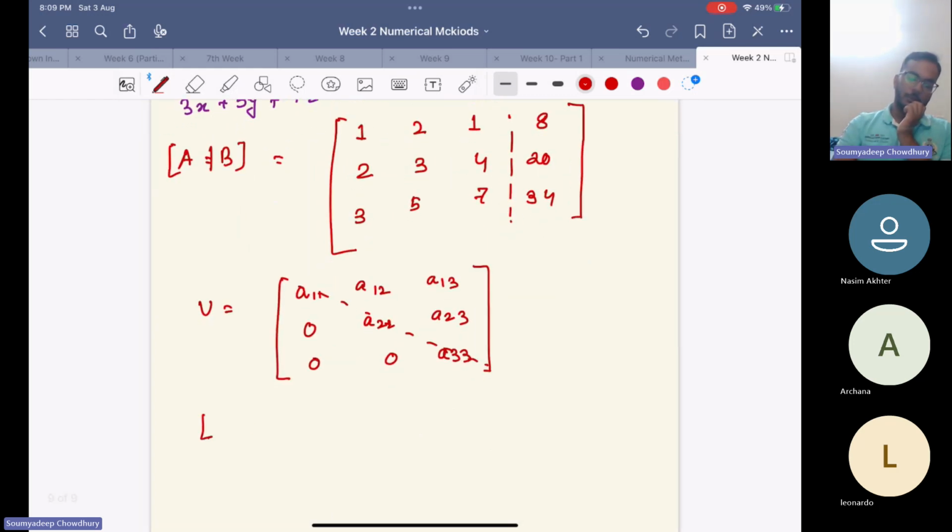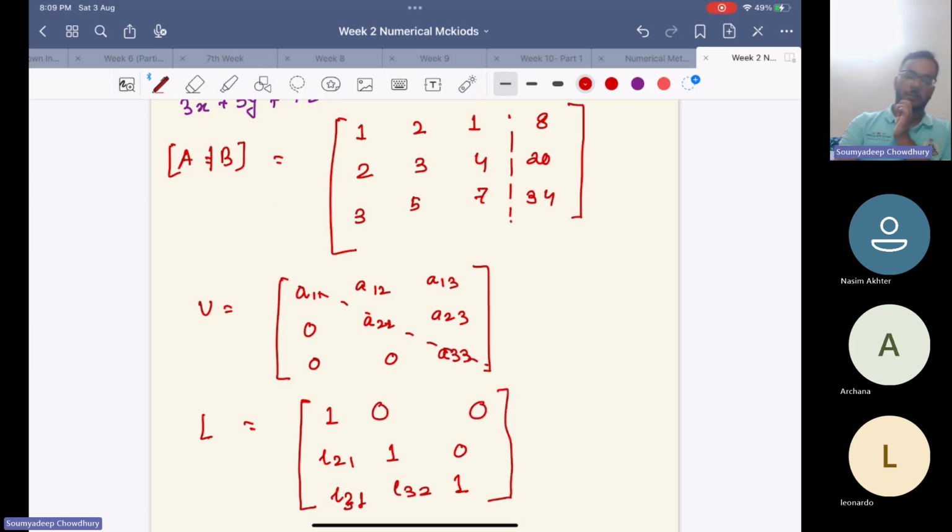Similarly, the property of a lower triangular matrix is that all elements above the principal diagonal are 0, and all elements on the principal diagonal are 1. So this is 1, 1, and 1. Here you have L21, L31, L32, and all these are 0.